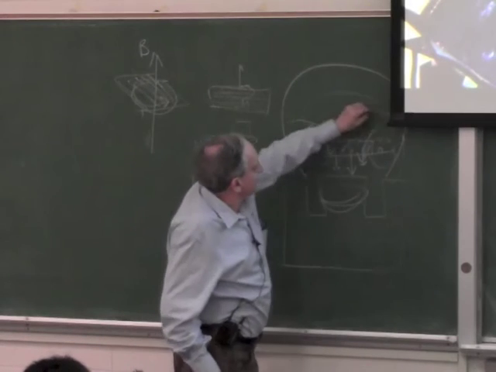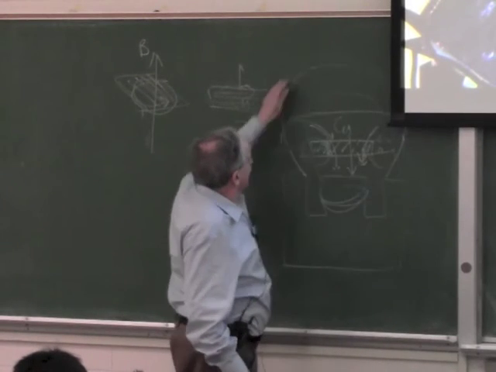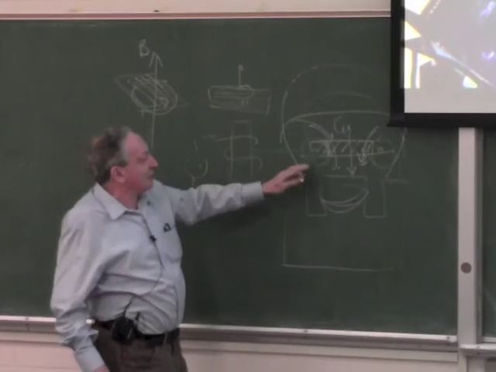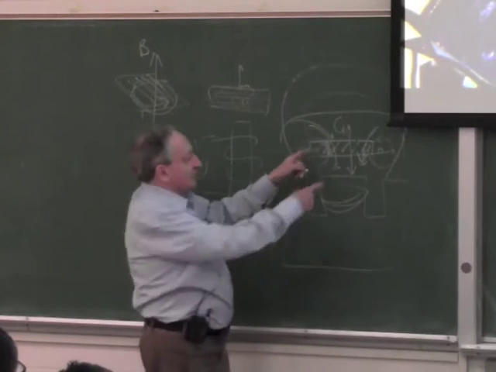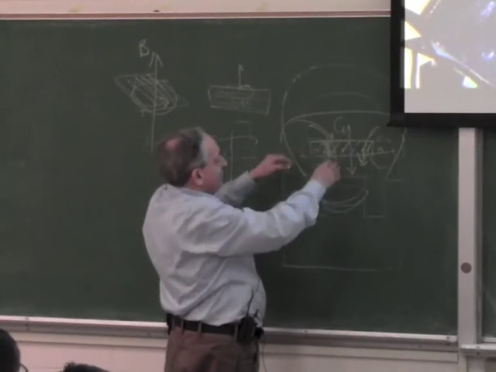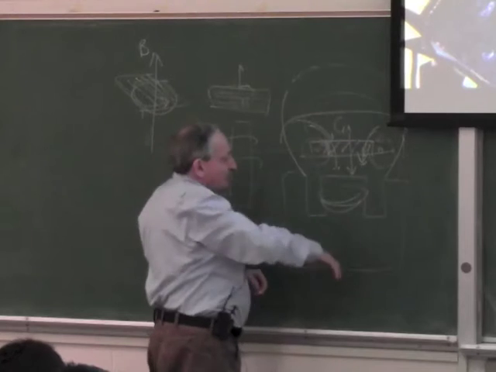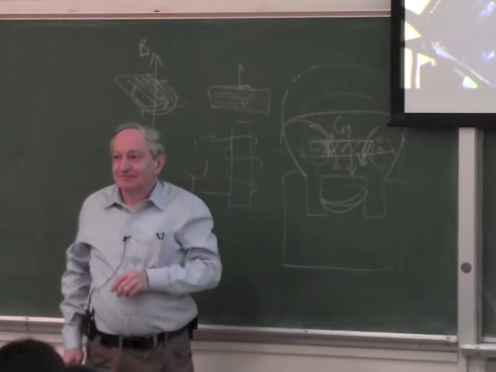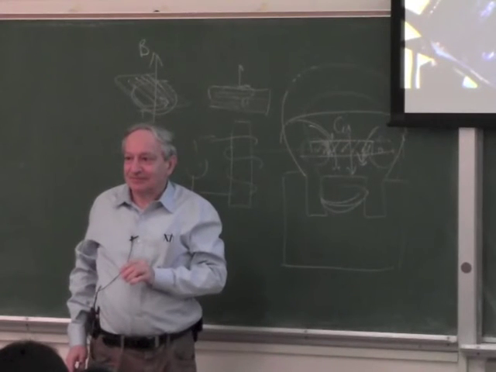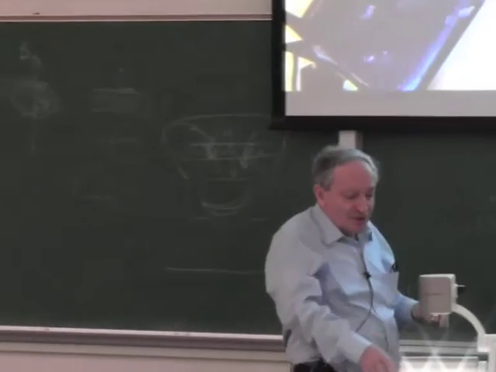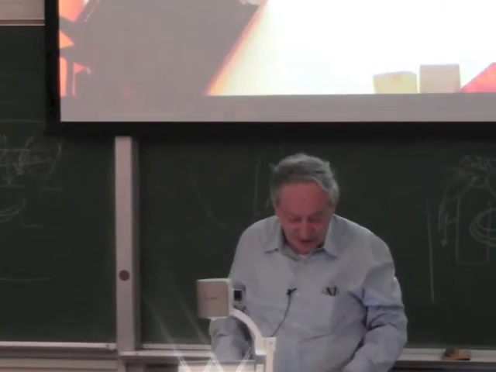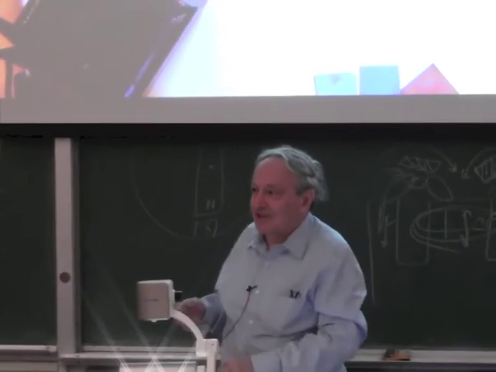There is a magic zone where anything put in will try to repel the rotating field, but because the rotating field turns this way, it's going to be pushed downwards. Is that clear?